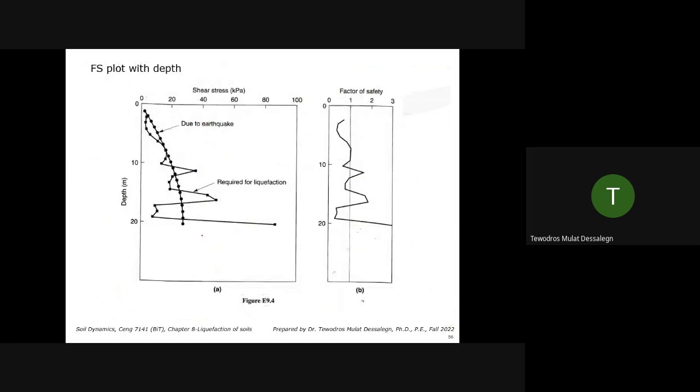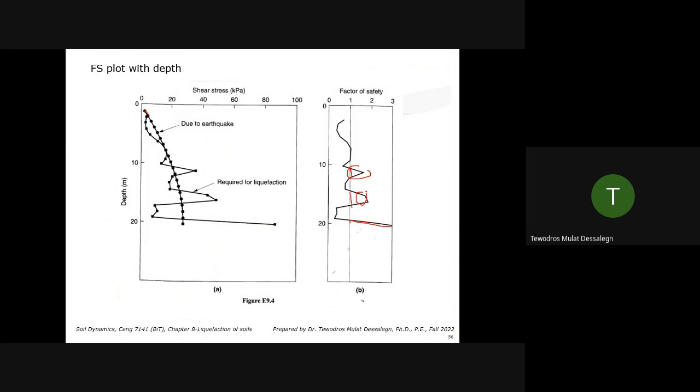So if you plot that factor of safety, this is what you get. Due to the earthquake, you have this CSR and you have this CRR. So if you see the factor of safety plot, you see in some depths, it's more than 1. So these are the areas which liquefy.